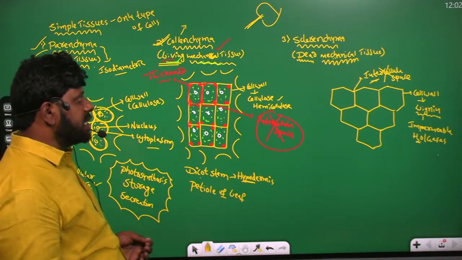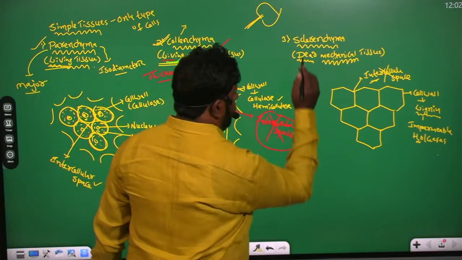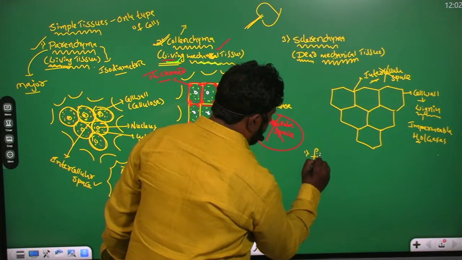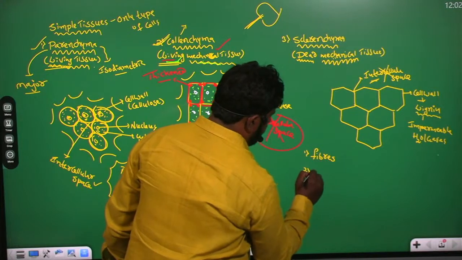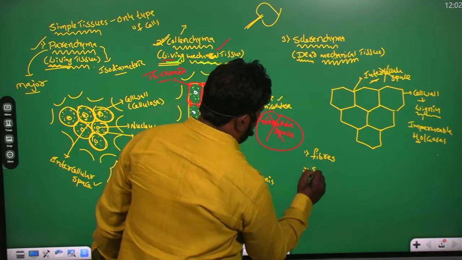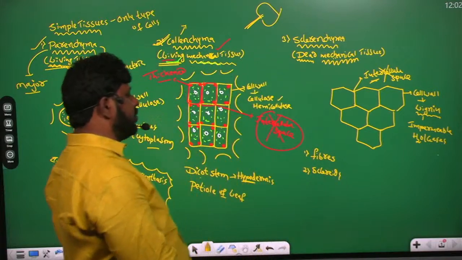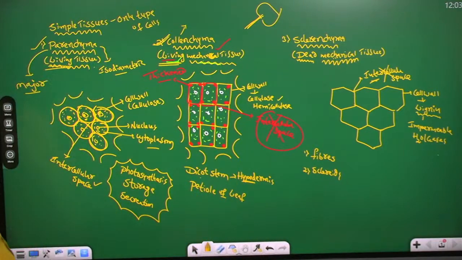Okay, and see, this sclerenchyma is classified into two types, which include fibers and sclereids.